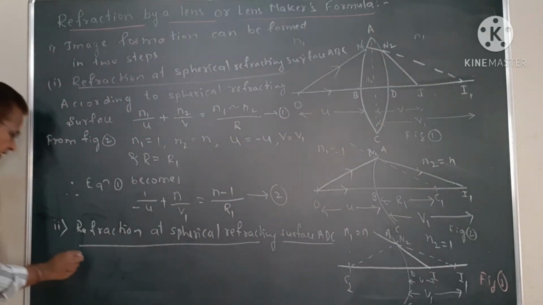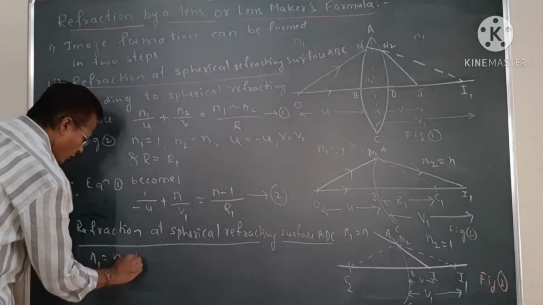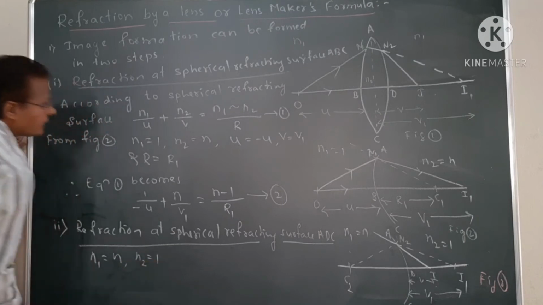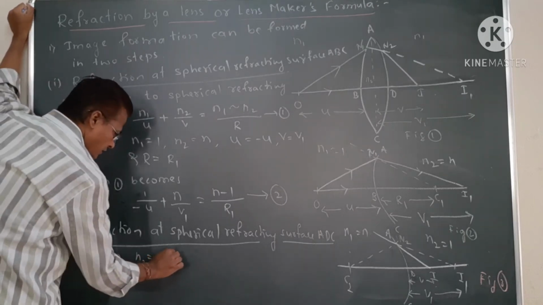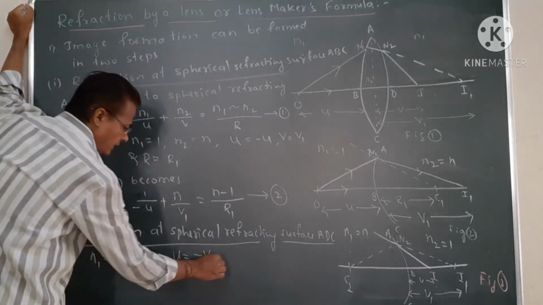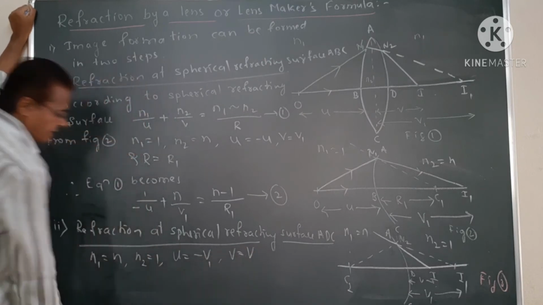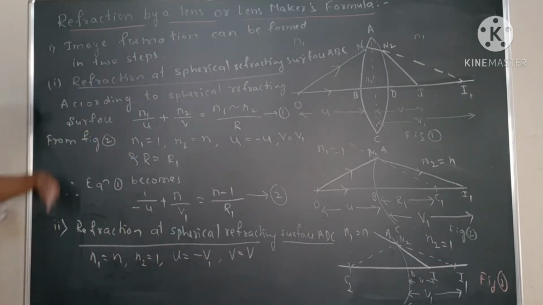So n1 equal to n and n2 equal to 1. And u equal to the virtual object, that is minus v1, and v is the real image, that is v we are considering. Now these things again we substitute in equation 1.